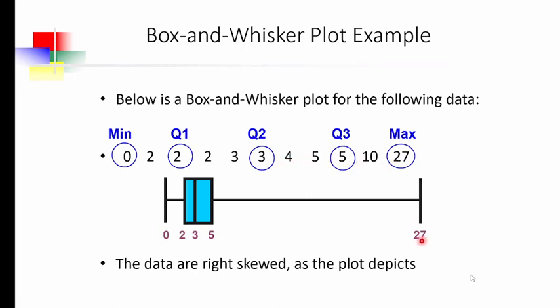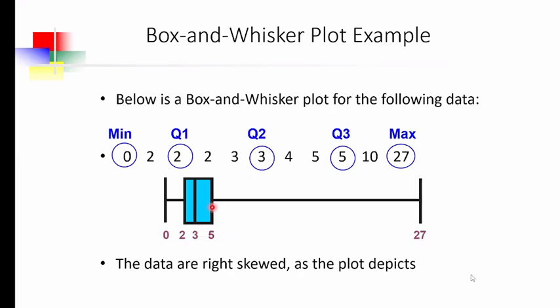Then based on the definitions of Q1, Q2, Q3, we identify 2 as Q1, 3 as Q2, 5 as Q3, and the minimum is 0 and the maximum is 27. So now here we mark 0, here 27, then 2, that is your Q1, and 3, it is Q2, and 5, it is Q3.